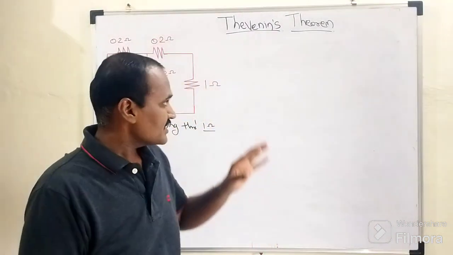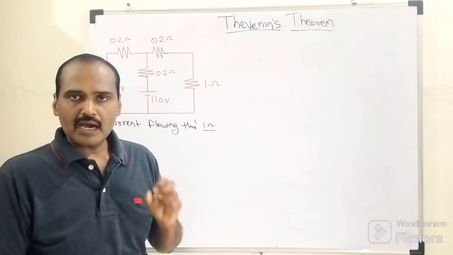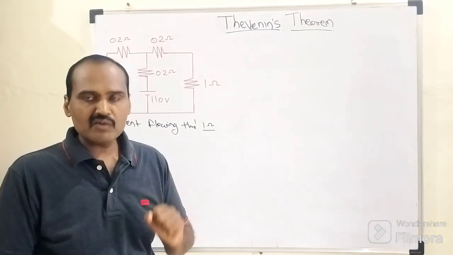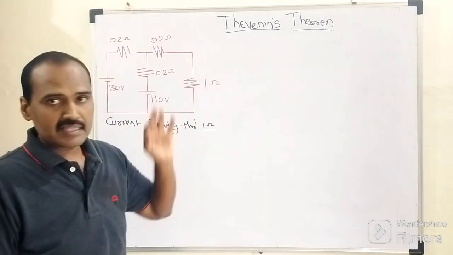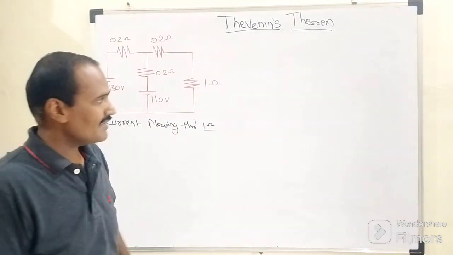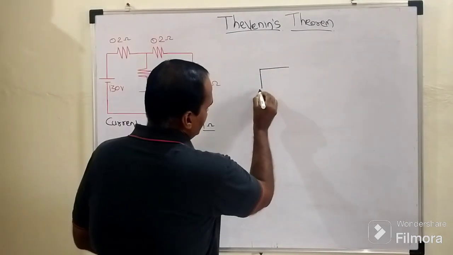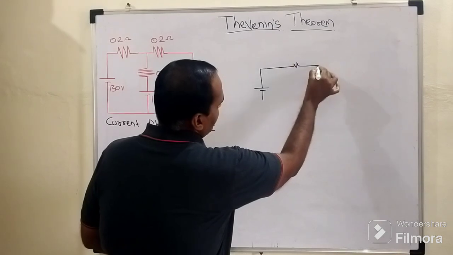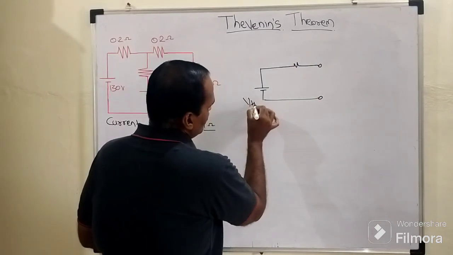Whenever we are interested to analyze the given network, whether it is AC or DC, our aim is to determine the ohmic drop or the resultant current flowing through any particular branch. So with the help of this Thevenin theorem, ultimately we are supposed to design one Thevenin equivalent circuit. Means that the given complicated circuit is converted into one Thevenin equivalent circuit. This is how this Thevenin equivalent circuit looks like.